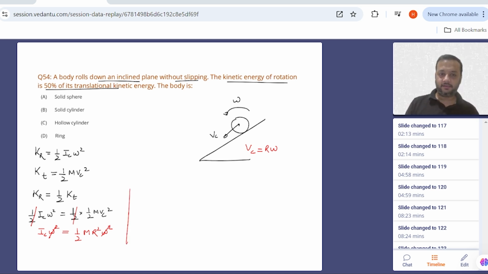Omega square gets cancelled, hence Ic becomes half m r square. Now the moment of inertia about the center of mass equals half m r square. So of course this has to be a solid cylinder. For a solid sphere it is 2 by 5 m r square. For a hollow cylinder it is 1 m r square, that means simply m r square. And for a ring also it is m r square. So amongst the given options, solid cylinder is the answer.